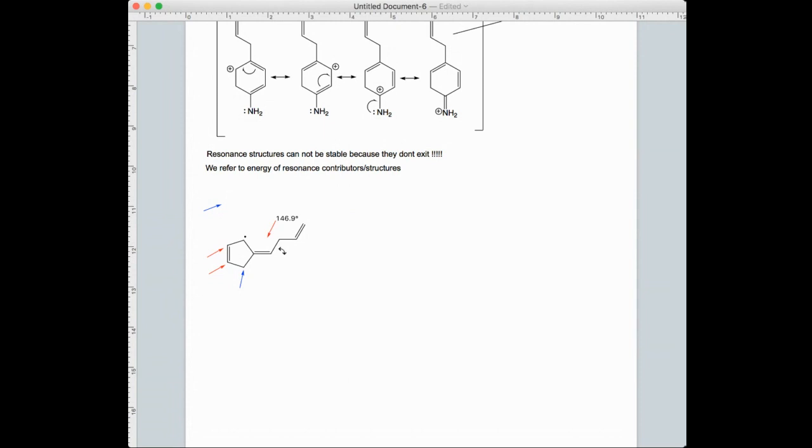Now the next one here, this carbon has no pi bonds, once again 4 single bonds, 2 hydrogens and 2 carbons, so this must be an sp3 hybridized carbon. And the last two, obviously, will be sp2 hybridized since they share a double bond.